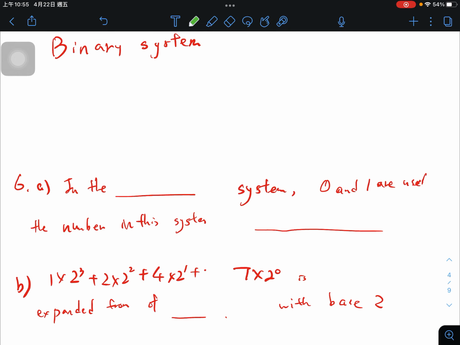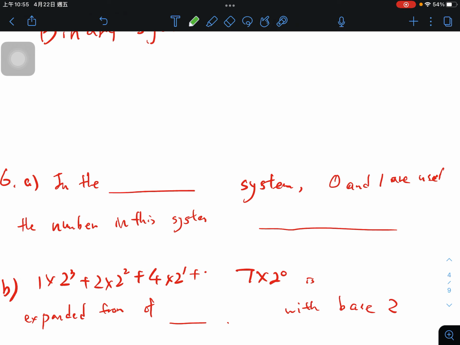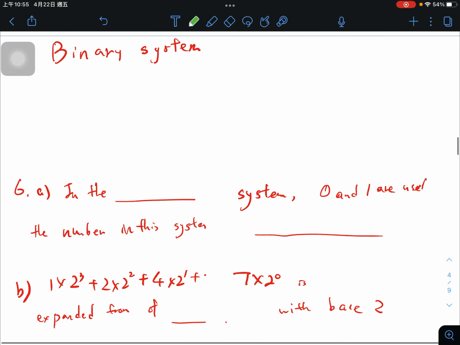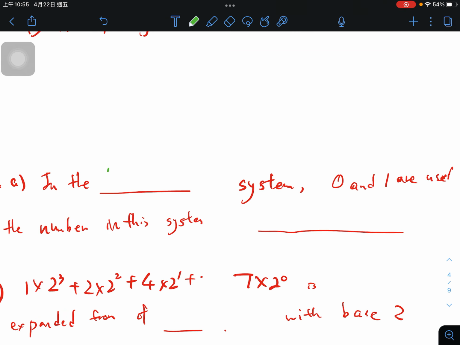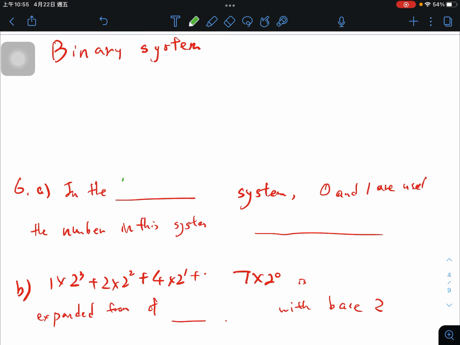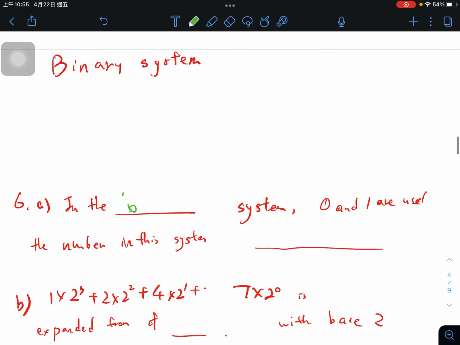Then we go to the binary system. So for 6A, it should be binary, B-I-N-A-R-Y, binary. Only 0 and 1 are used.